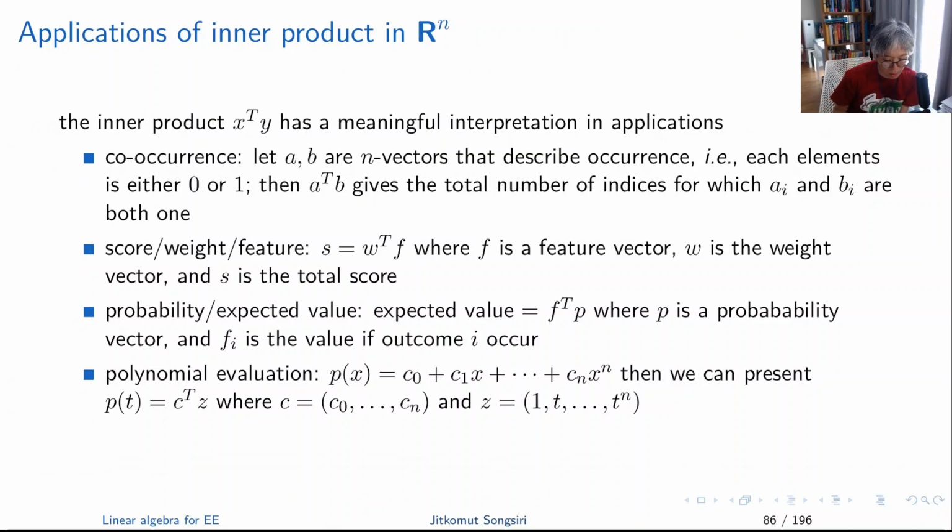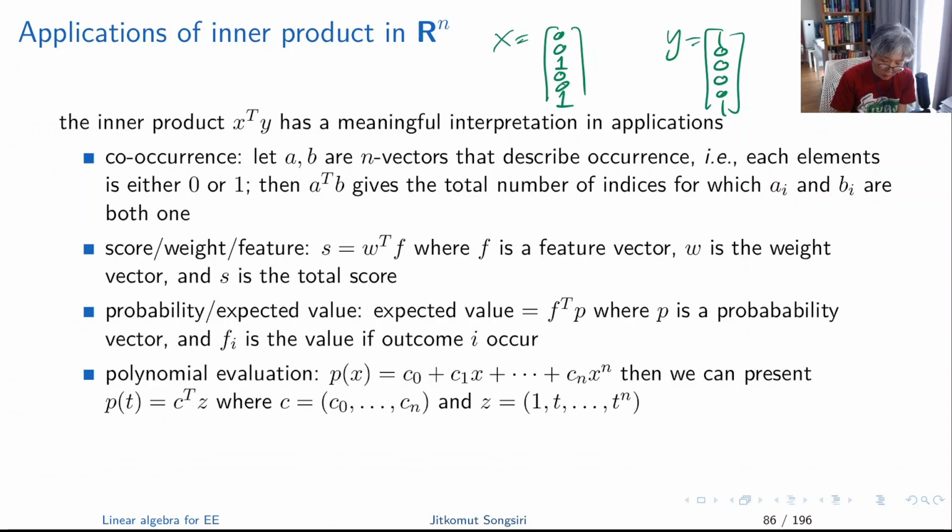Let's see some interpretation of inner product in real applications. First one: suppose that your vector x has n elements, and you define that x_j equals 1 whenever the jth event occurs.